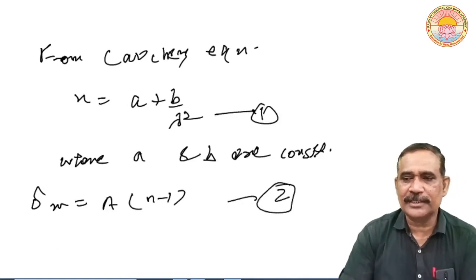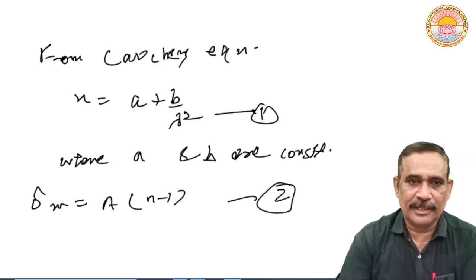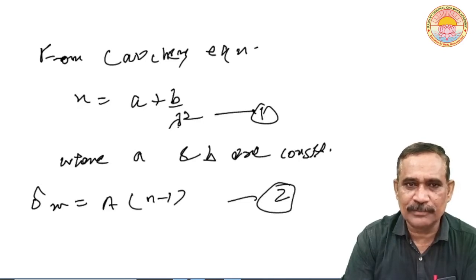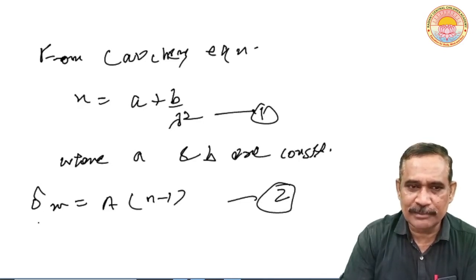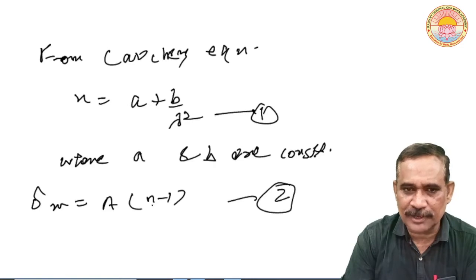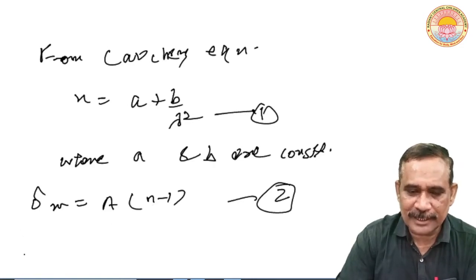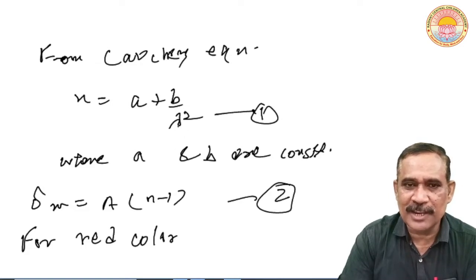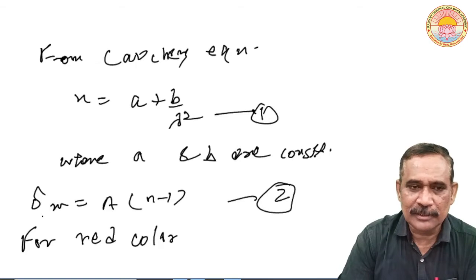From equation first and second: in equation first, the refractive index is inversely proportional to wavelength, and from equation second, the minimum deviation is directly proportional to refractive index. So for the red color, wavelength is maximum, so refractive index is minimum, and from equation 2, the minimum deviation is directly proportional to refractive index.